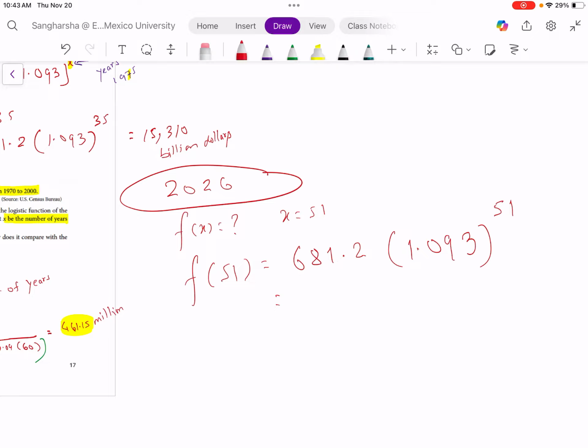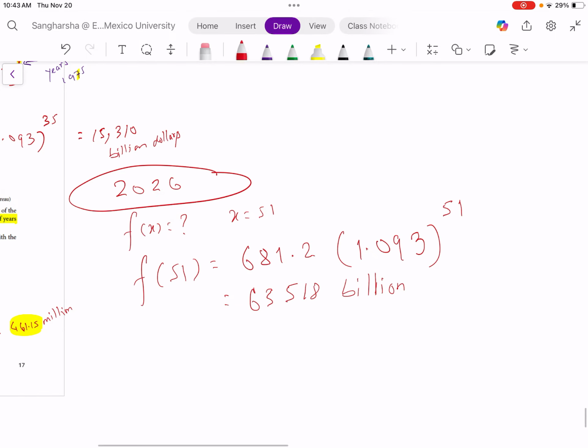Does anyone have the final answer? It's 63,518. Wow, that's the national debt that we will have next year: $63,518 billion.